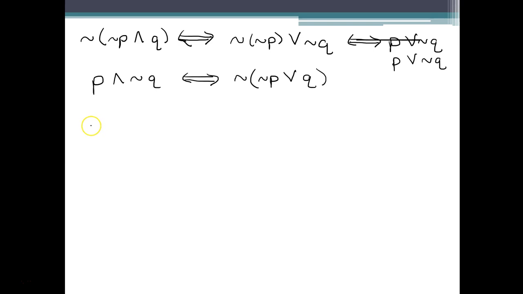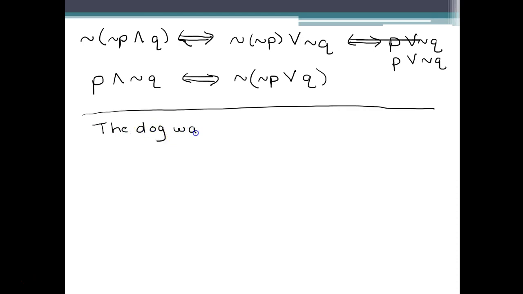And don't let it throw you if they decide to put it in words instead of symbols. Let's see, what if they tell us the dog was not a bulldog, and the dog was not a boxer.